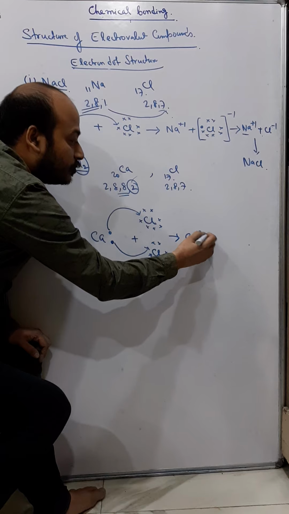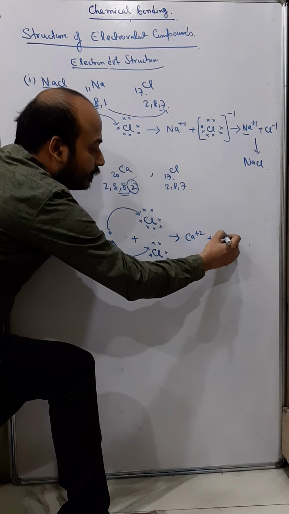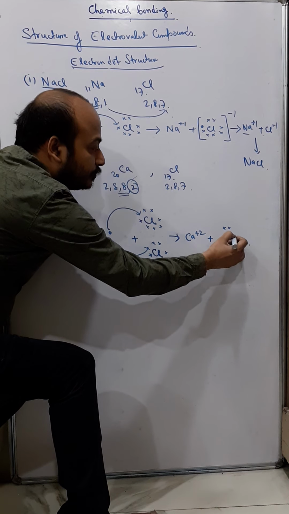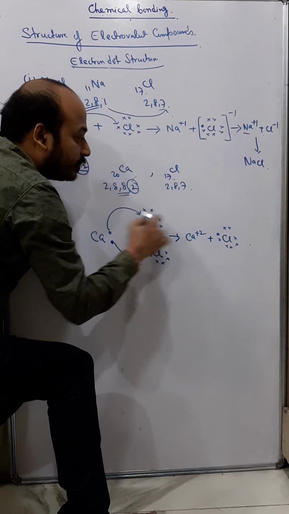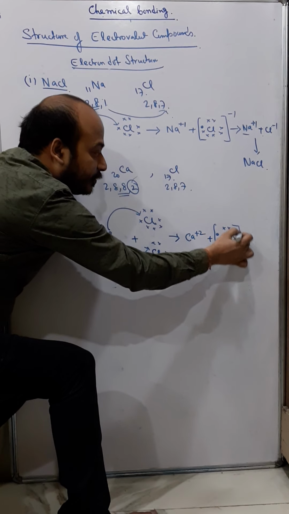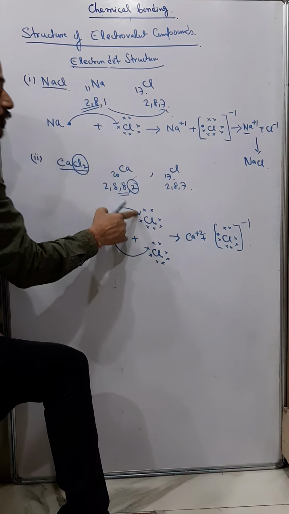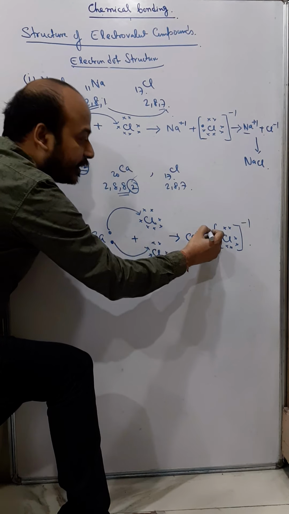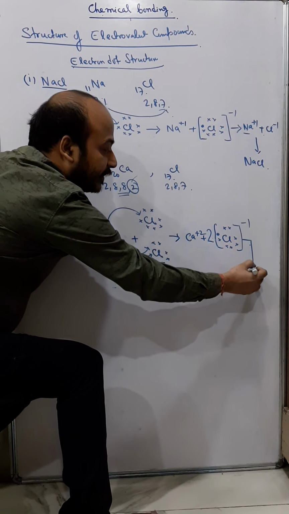Now what happens? Calcium lost 2 electrons, so it becomes +2, and then chlorine has 1, 2, 3, 4, 5, 6, 7, 8 electrons. This is 1 chlorine. Now this chlorine becomes -1, and like this we have 2 chlorine, so we can directly write 2 here. And then finally what we got?